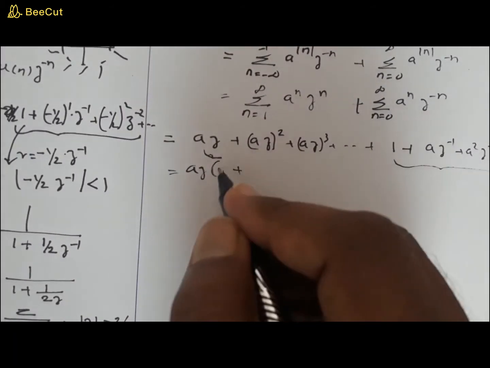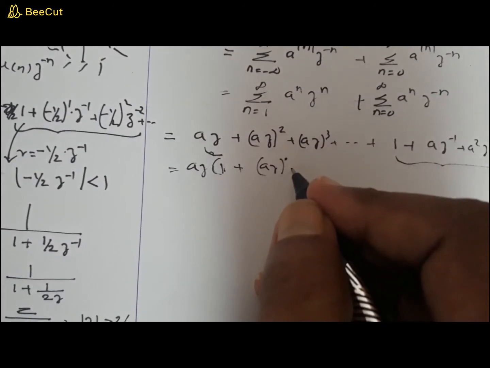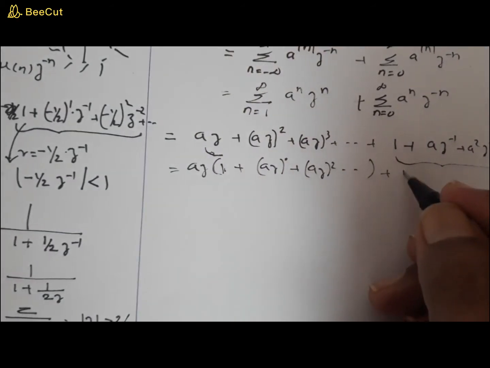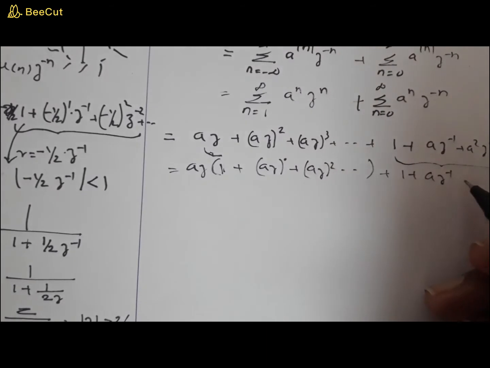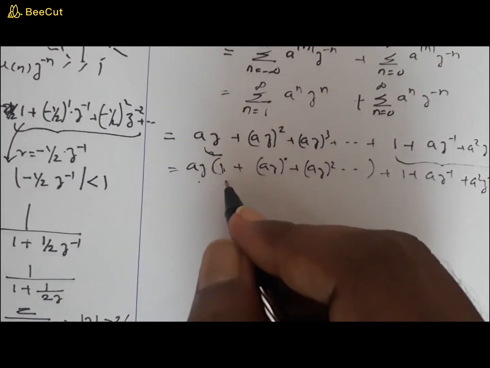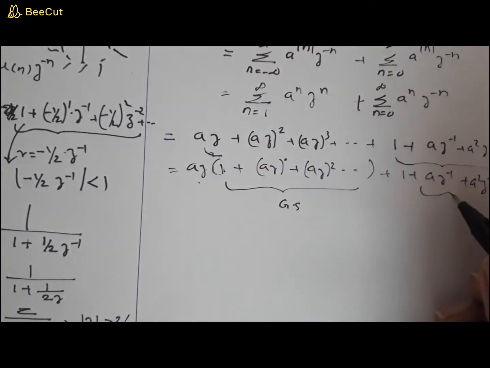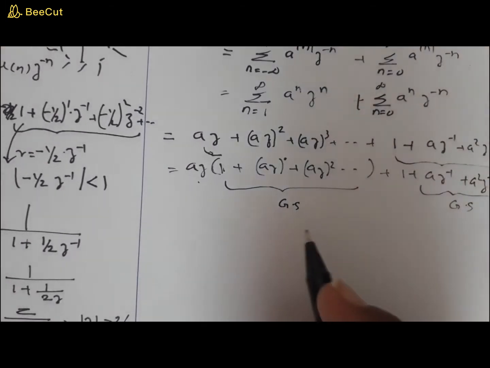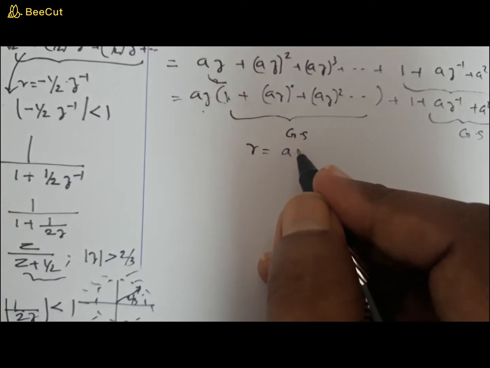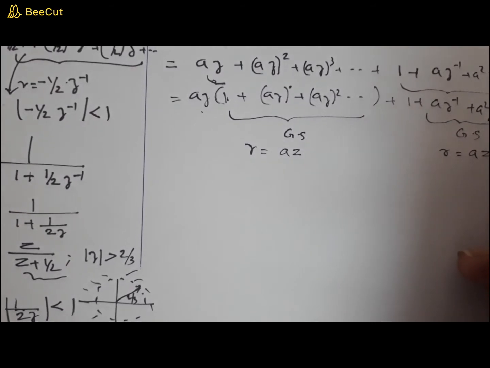So this becomes a z times 1 plus a z, plus a z the whole square, etc. Plus 1 plus a z inverse plus a square z raised to minus 2, etc. So you have a sum of two geometric series. Here the common ratio is a into z, while here the common ratio is a into z raised to minus 1.